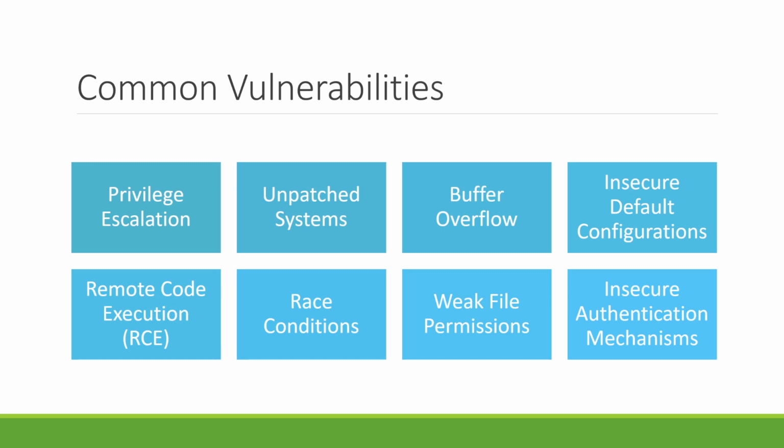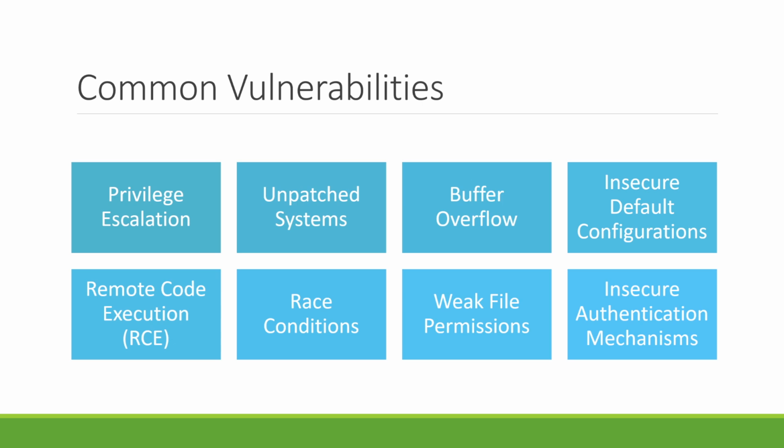Unpatched systems are definitely a huge vulnerability. Buffer overflows, which we'll talk more about in a minute, are a huge vulnerability. We have default configurations. Well, we should definitely secure down our configurations. Remote code execution, which means attackers are able to execute any type of command on the system without needing physical access. Now, we're trying to block this a little bit more, but again, it depends if your system is up to date. We've got things like race conditions, which we'll talk about more.